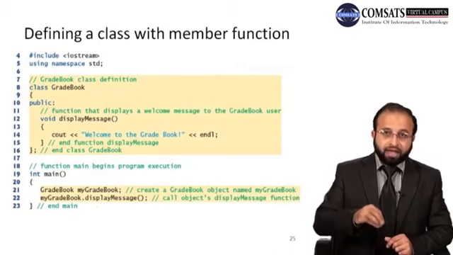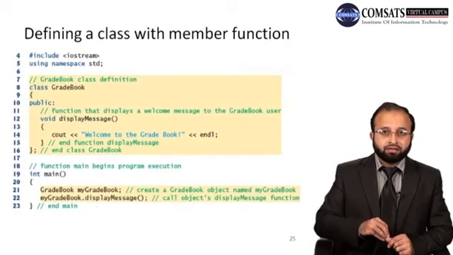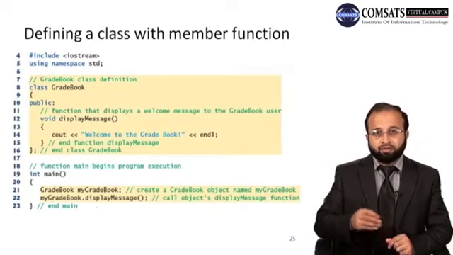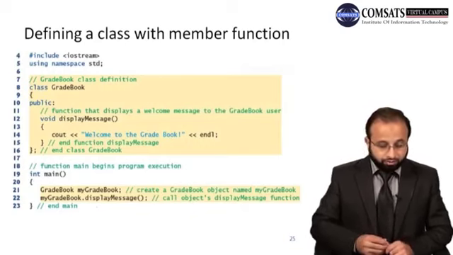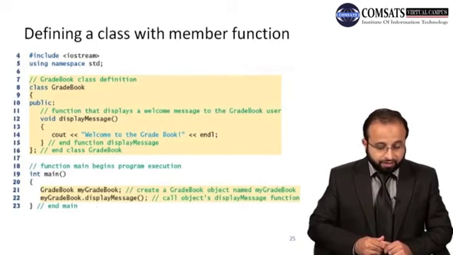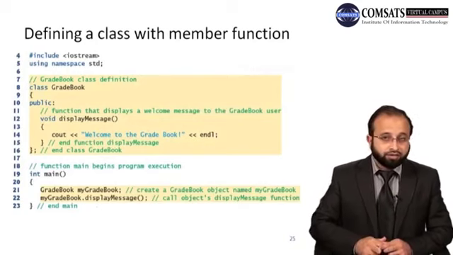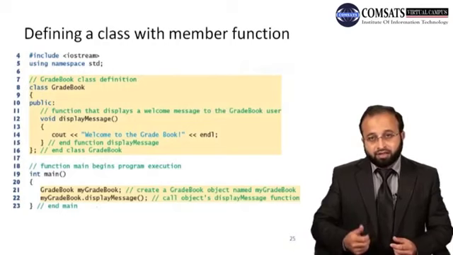So in order to execute the public member function of a class, you have to specify the object of that class. So these functions are executed basically with the object, right? Without the object, it doesn't make sense, because display message function is executed with which object?